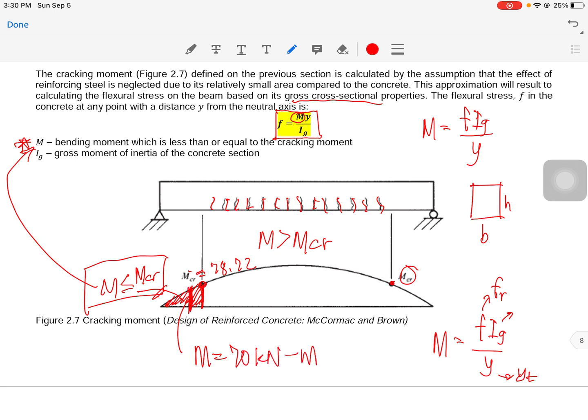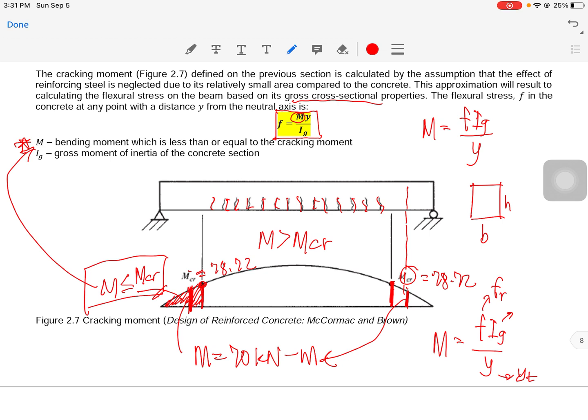So definitely it is included here. Say we consider on the other side 78.72, then the given moment, which is 70 kilonewton meter, is in here first. So therefore there's no cracking in that particular portion. Okay, and that is for 2.1.